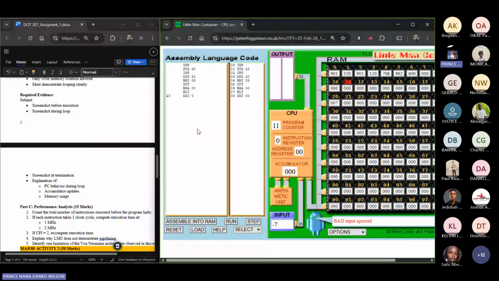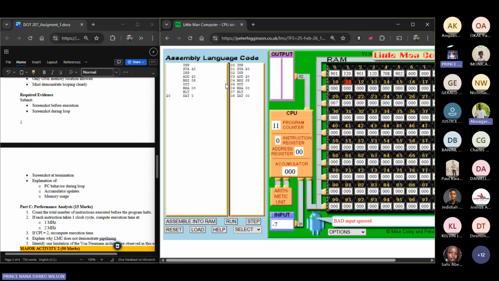Yeah, it was Prince Abuaje. So Prince, what I tried doing was I placed branch if 0 after the first input.